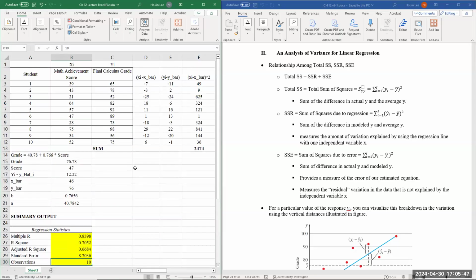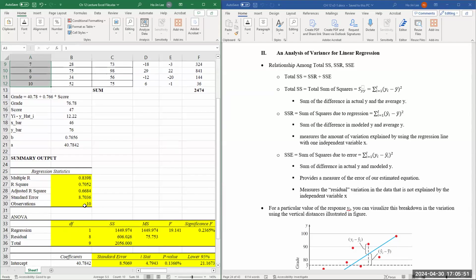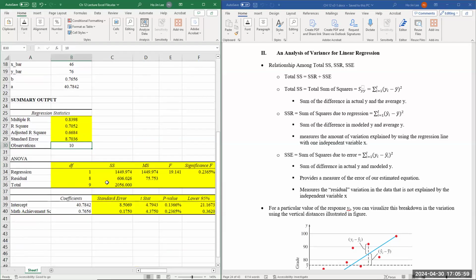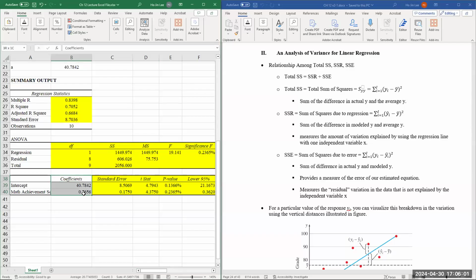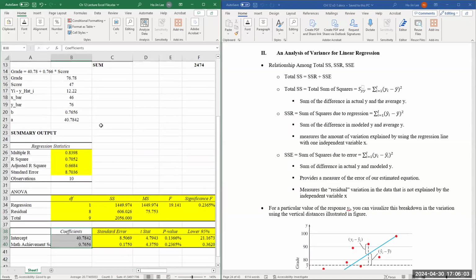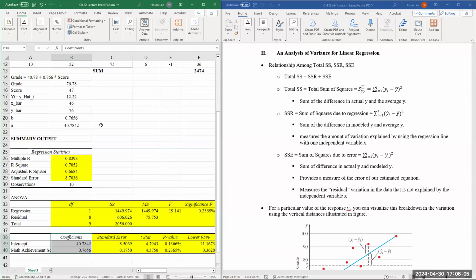There's 10. 5, 6, 7, 8. There's 10 of them here. So that's what this is. So let me unhighlight that, get something out of the way. Okay, so we just covered that. And we covered these last lecture. All right. So now let's see what we have to do.